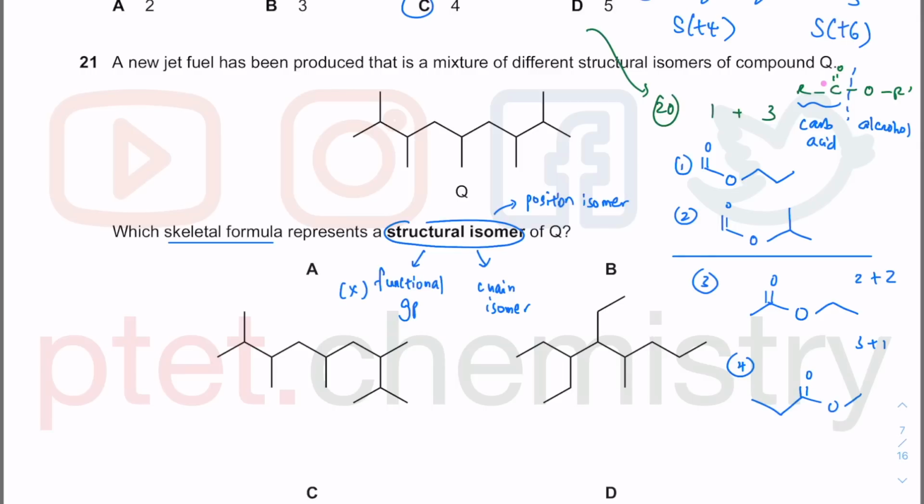The first thing I'll do with this kind of question is find the longest chain carbon. If I label this 1, 2, 3, 4, 5, 6, 7, 8, 9 like that, I could go the other way around. So this would be 1, 2, 3, 4, 5, 6, 7, 8, 9. If I do the green color coding, where are my branches? My branches would be at 2, 3, 5, 7, 8.